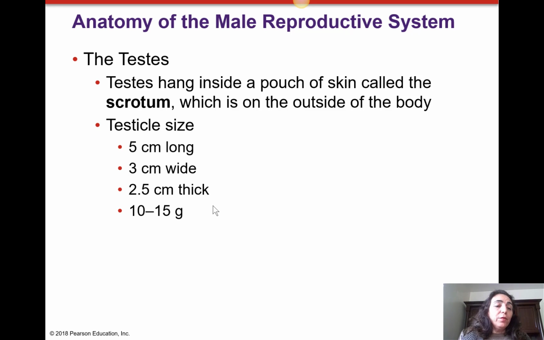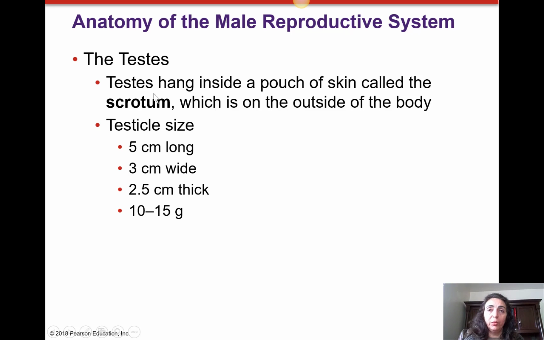So we have two testes that hang inside a pouch of the skin that we call scrotum. So pay attention. Testis, T-E-S-T-I-S, is singular. Testes is plural, right?